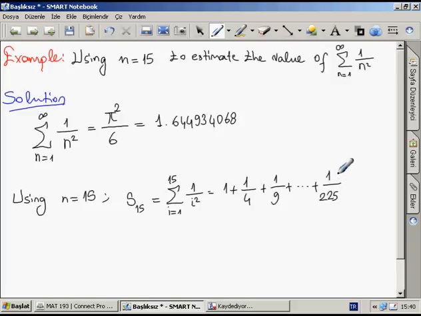When you compute this summation, you will obtain 1.580440283.